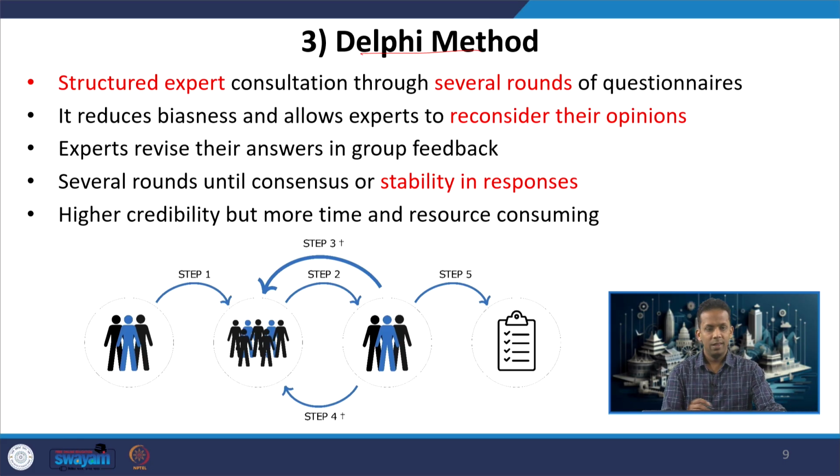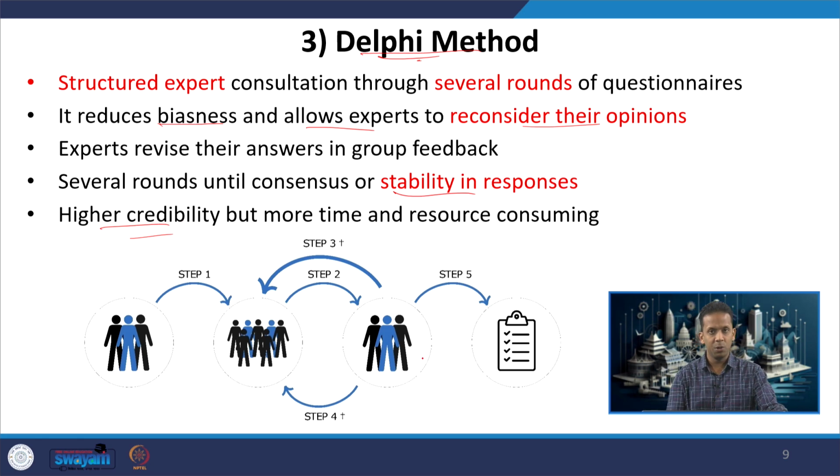This questioning again and again and receiving the feedback from the group reduces the biasness and sometimes allows the experts to reconsider their opinions. So, there are several rounds until a common consensus is obtained or stability is obtained in the responses of the entire group. So, overall this method would have higher credibility than the earlier 2 methods, but then it will need more time and it is resource consuming.